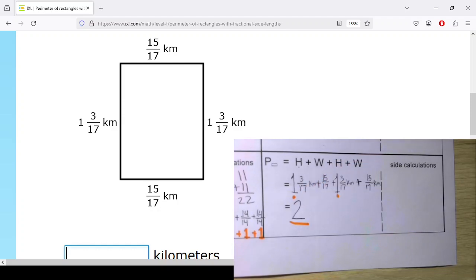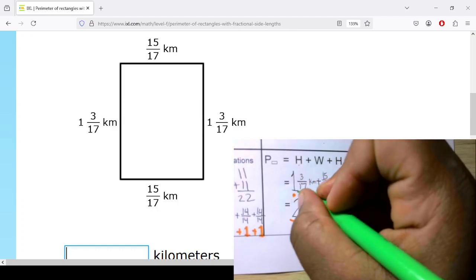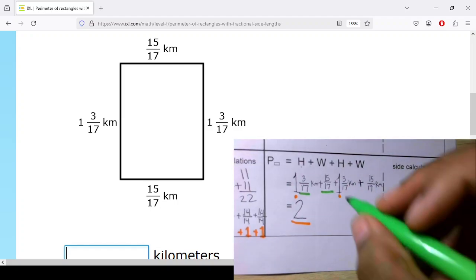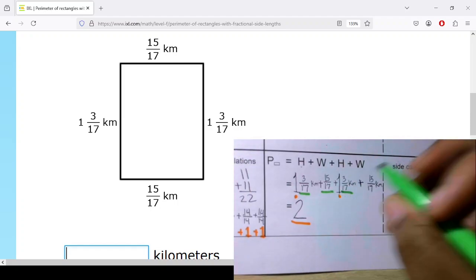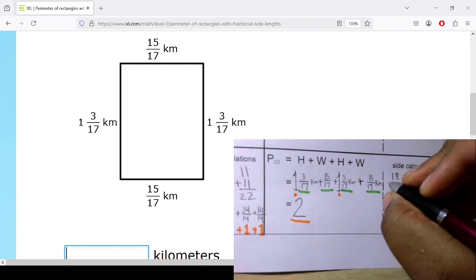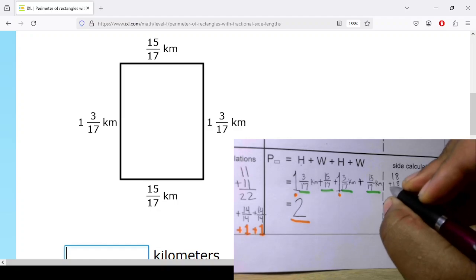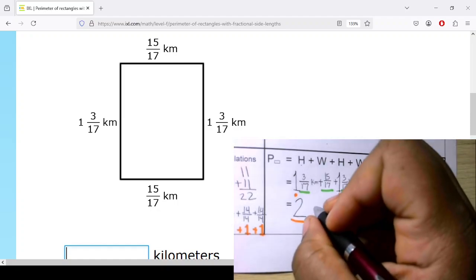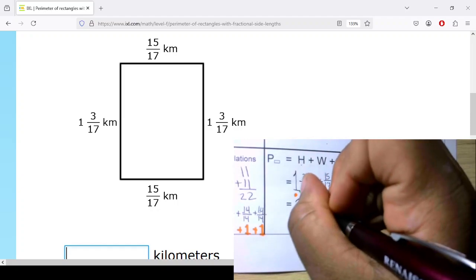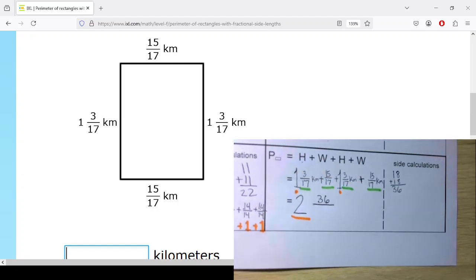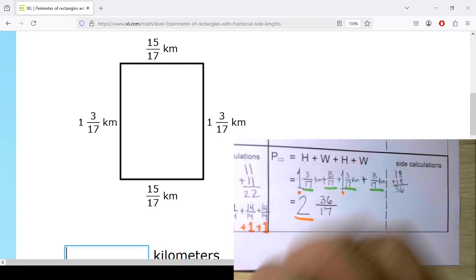And then when I go to add up my fraction parts, 3/17 plus 15/17, that's 18/17. Plus 3/17 plus another 15/17, 18 and 18 is 36. But just to make sure, so this is going to be 2 and 36/17.